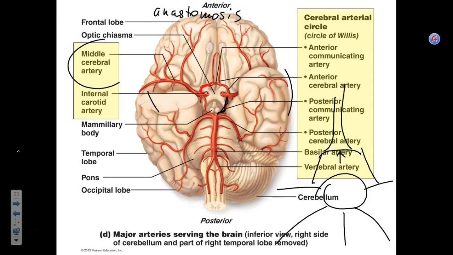And anastomosis essentially is like a detour for the blood in case something happens. They allow the blood to select another route. They're not going to prevent major adverse effects associated with the blockage of the blood flow, but they will kind of minimize their influence. Does that make sense?